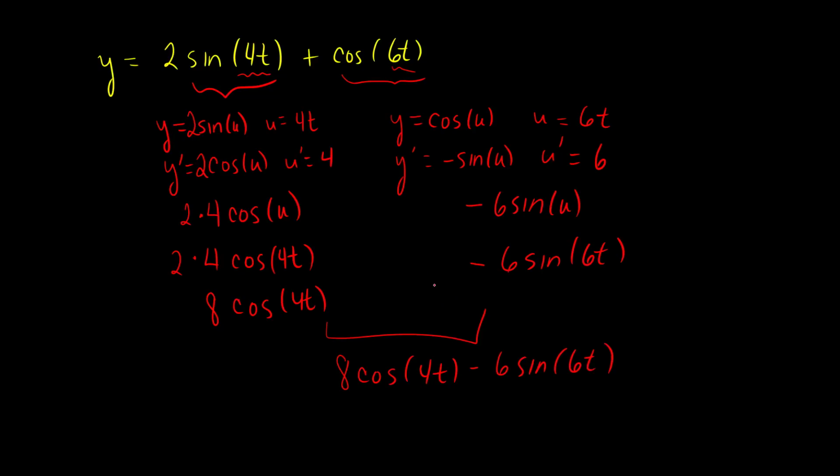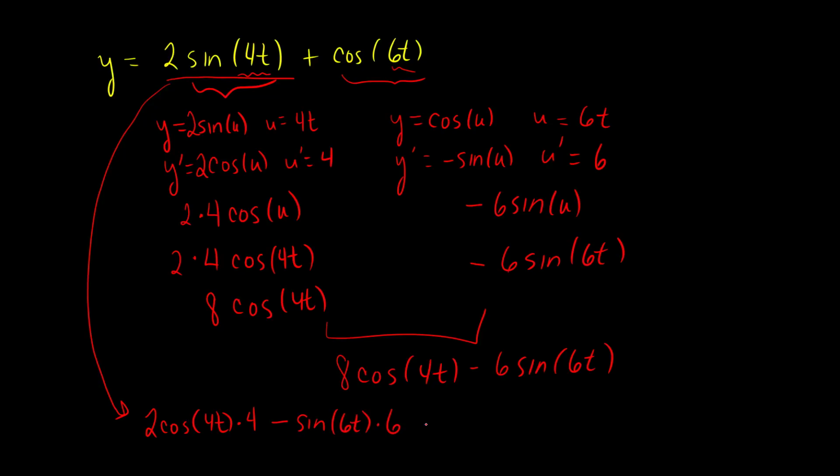And once again, I could have done this directly. The derivative of sine is cosine times the derivative of the inside. The derivative of cosine is minus sine times the derivative of the inside. And you can see when I multiply that out, I get the same answer.